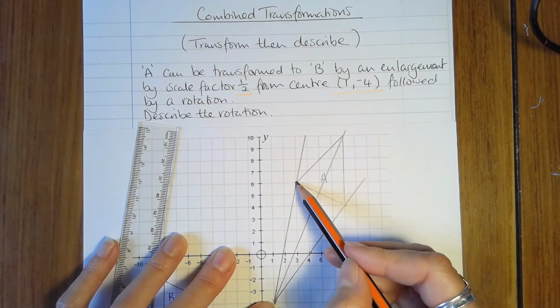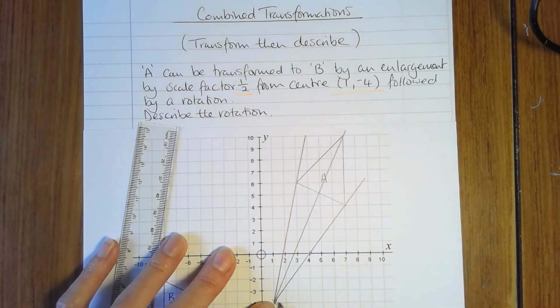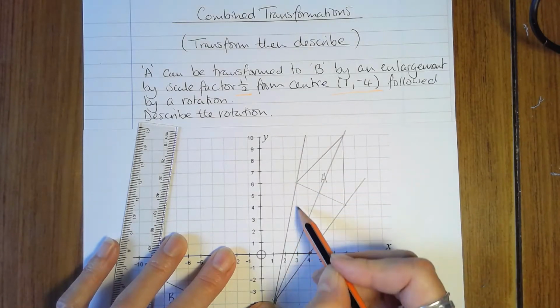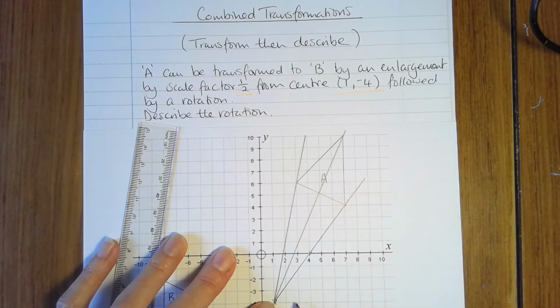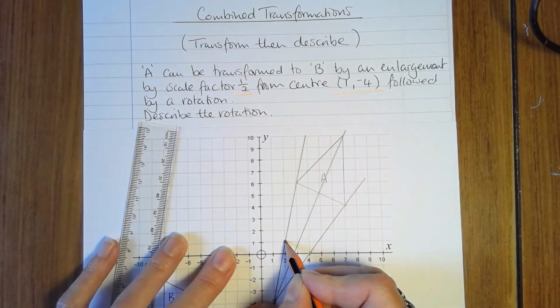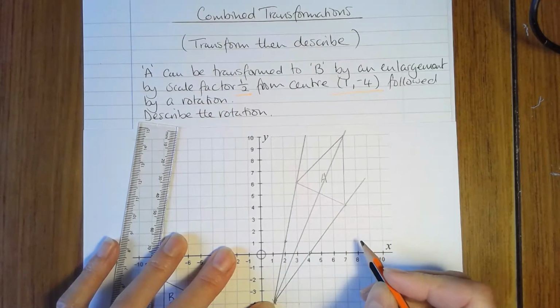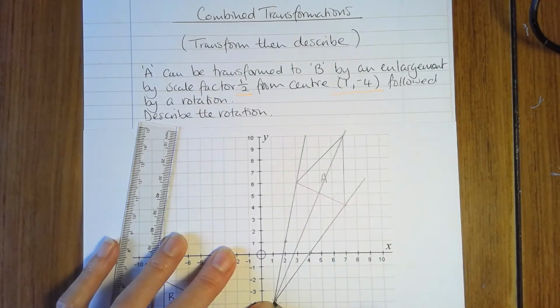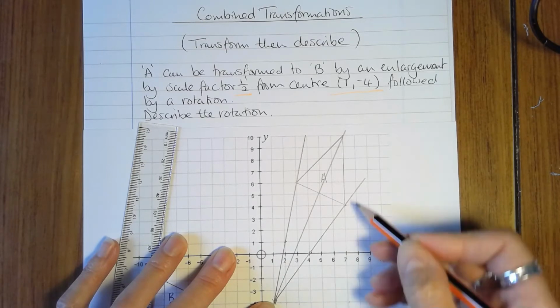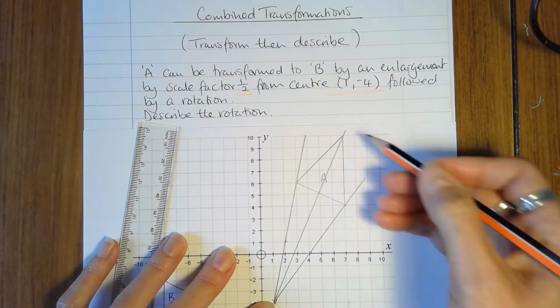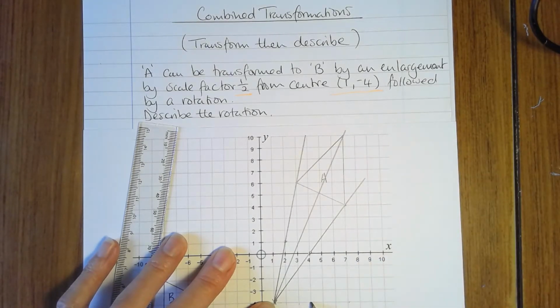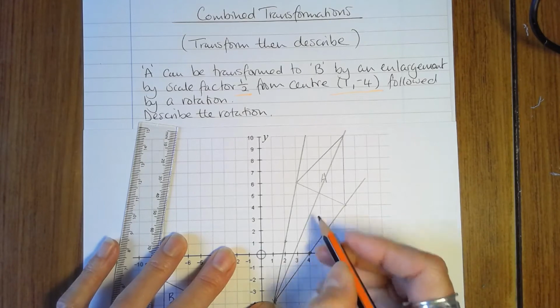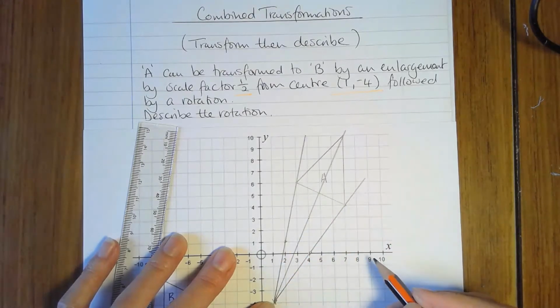The vertex here is 2 across and 10 up, so that becomes 1 across and 5 up, and again it lies on the grid line, which is good. And the last one is 6 across and 14 up, and that becomes 3 across and 7 up. And again, that lies on the grid line.